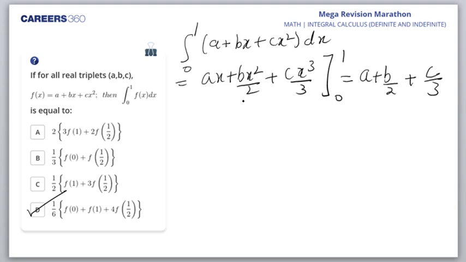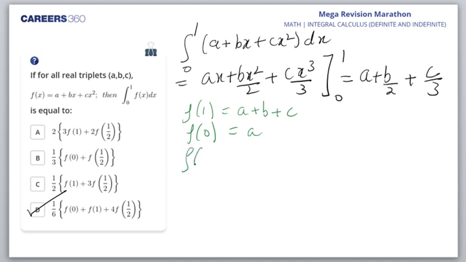Okay, so let's see what f1 is. If we look at f1, f1 is nothing but a plus b plus c, because in this f(x) I'll put x equal to 1, so I'll get a plus b plus c. What is f0? f0 is a, because you substitute 0, you get this 0, you get this 0.